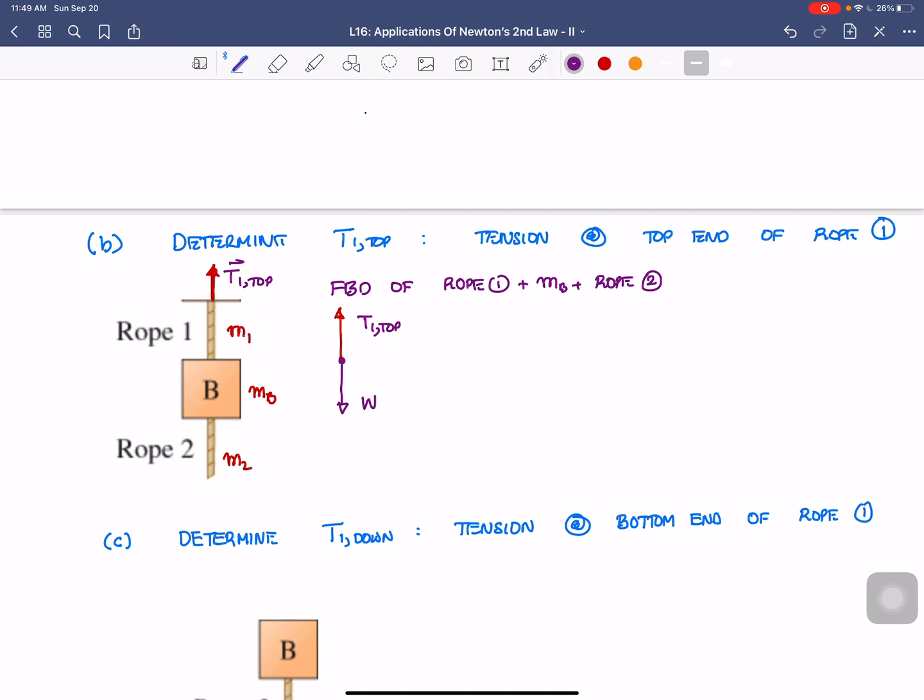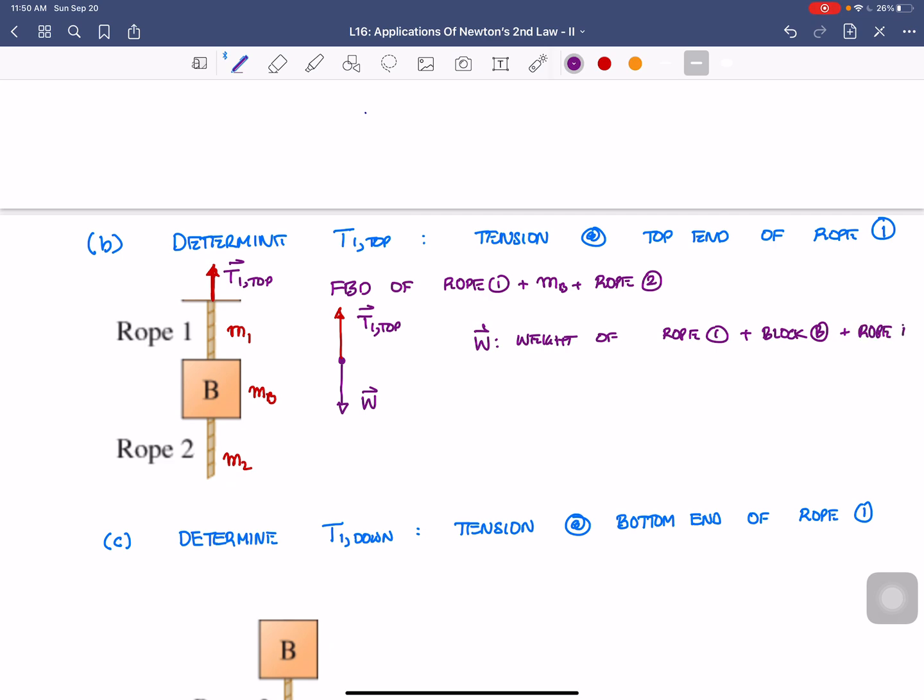And here we've got W. What do I mean by W? W is the weight of rope 1 plus M sub B, or let's avoid any confusion, block B, plus rope 2.